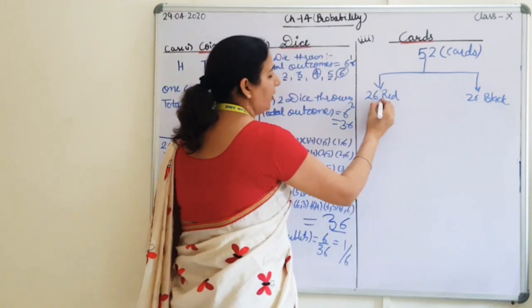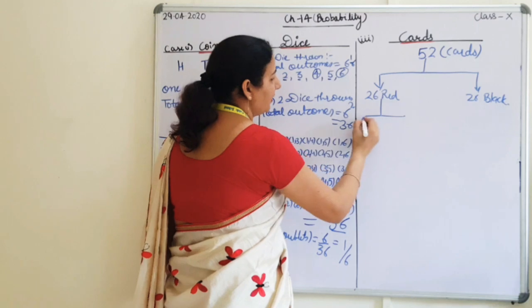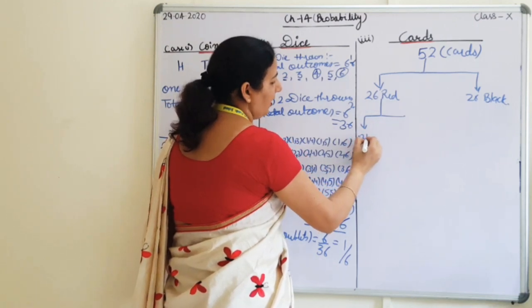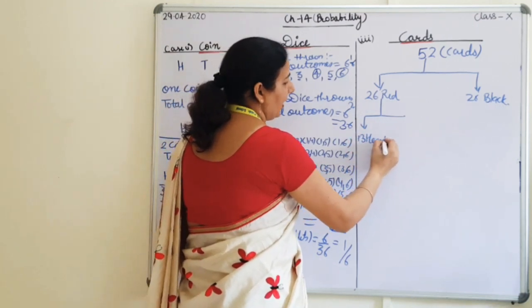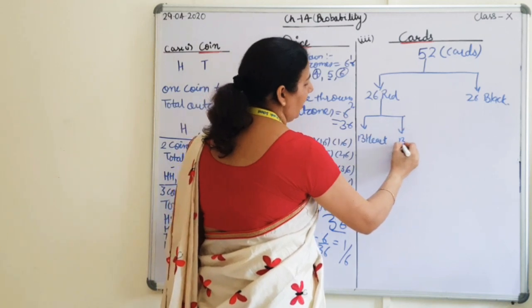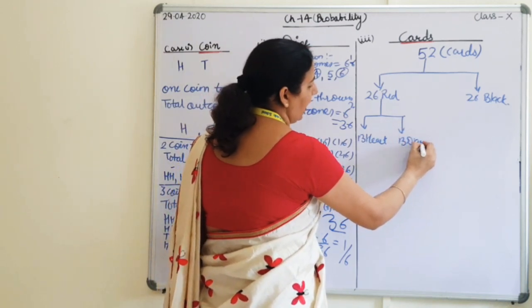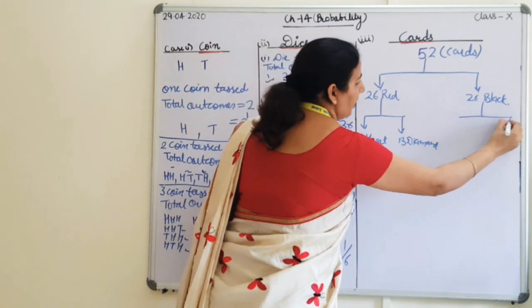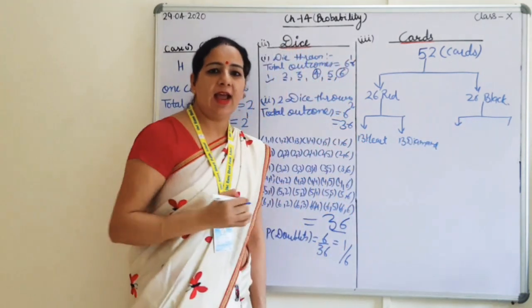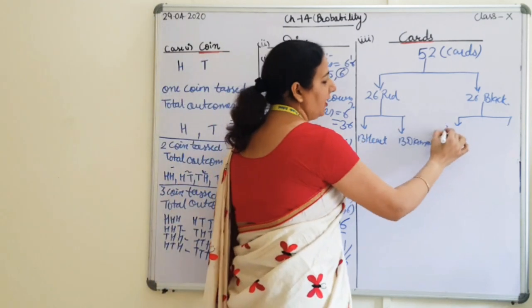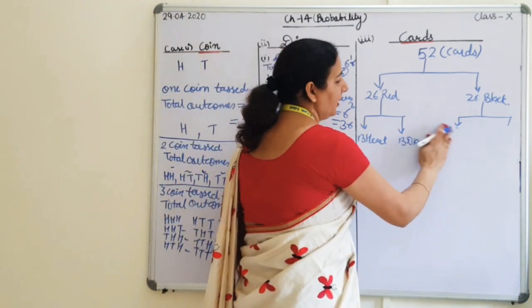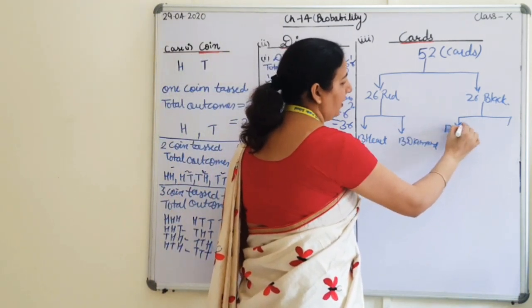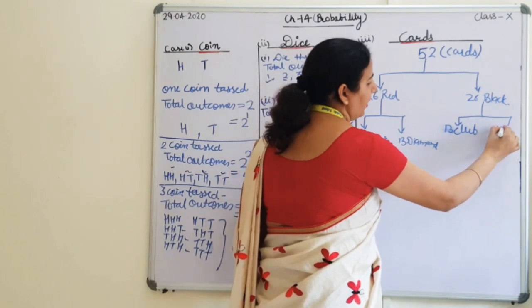After that these are further divided into two parts. 13 are heart cards and the next 13 are diamond cards. The black 26 are also further divided: 13 cards are of club and 13 are spade.